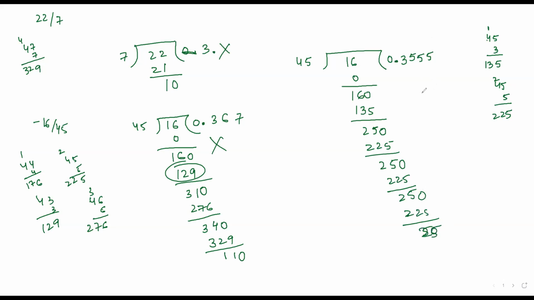So basically, 16 divided by 45 will be equal to 0.35555 like that, right? So you can write it 0.3 and only 5 is recurring here. Understood? Because 5 is repeating, you put a bar upon 5, so that means 5 will come again, 5 5 5.